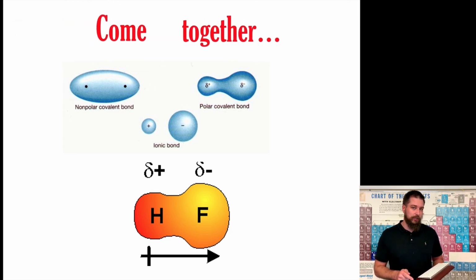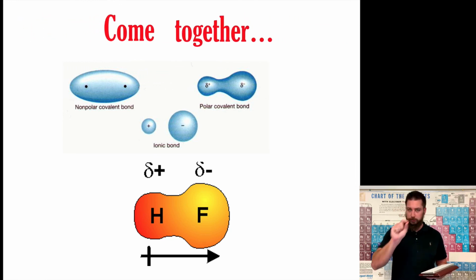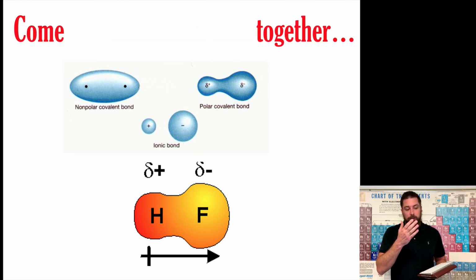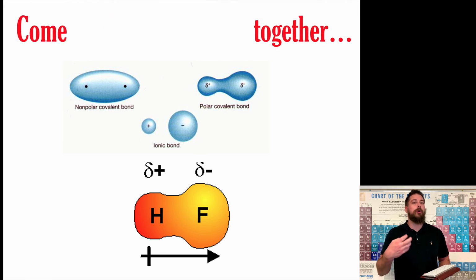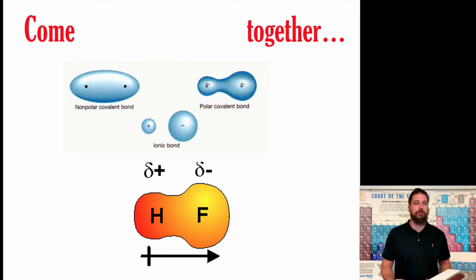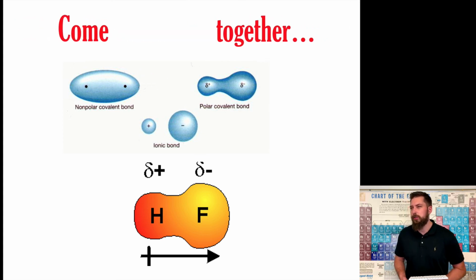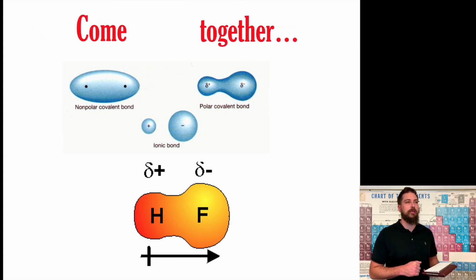Now notice the symbol above fluorine. That is a delta negative, a little delta negative. That symbol represents the concept of a partial, so it is a partial negative. Now, what would it take for it to be a full negative?